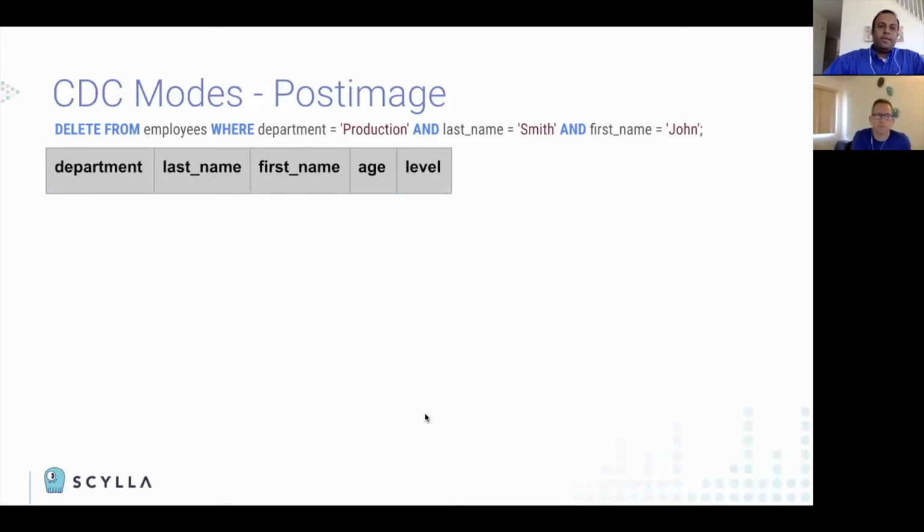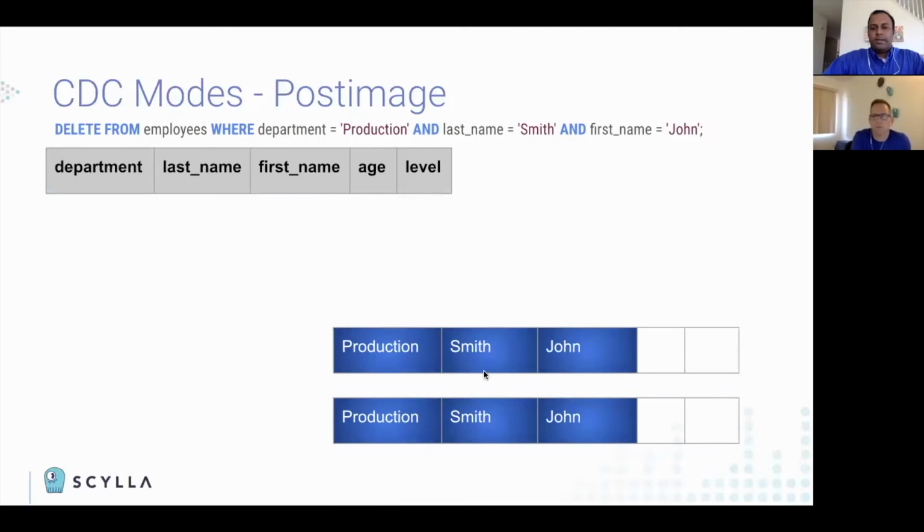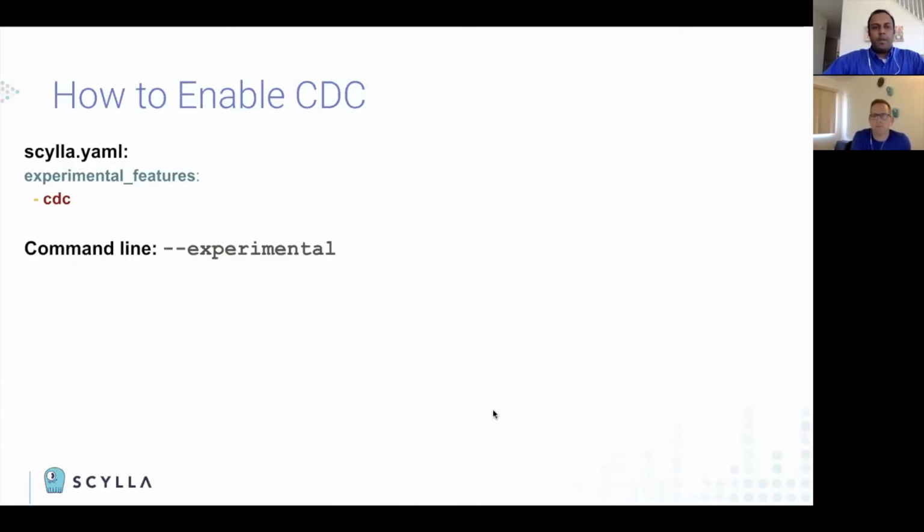So now you delete the entire record and you get a post image, which is the primary key with the tombstone on it, and the delta, which is the primary key with the tombstone on it. So these are various scenarios where I've given you, I'm sure, plenty of examples.